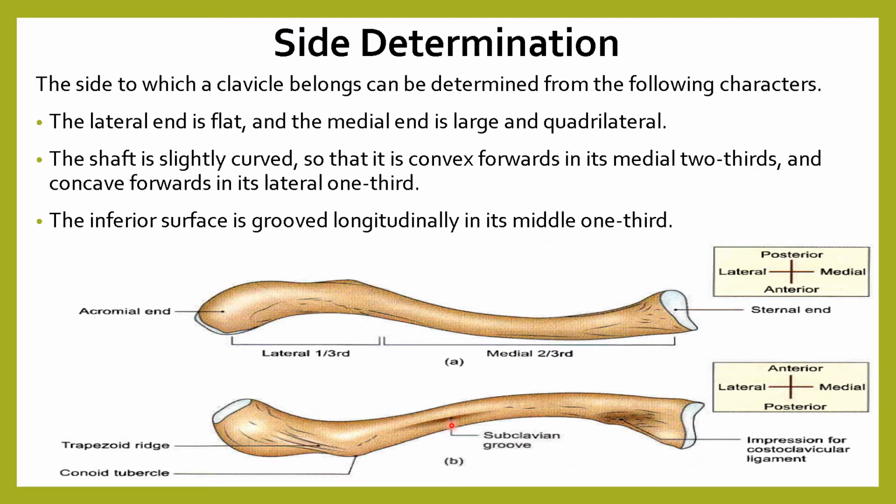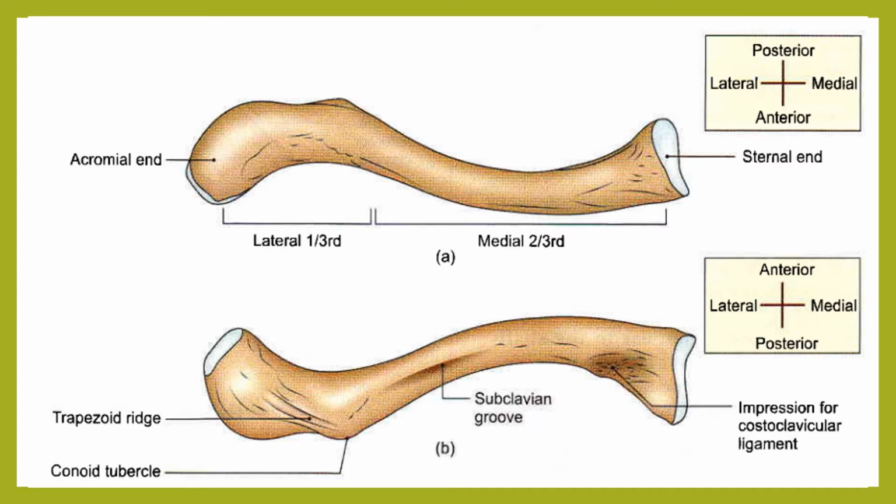So on the basis of these 3 points, we can determine whether this clavicle belongs to the right side or left side. In this diagram, you can clearly see this is a quadrilateral type of shape, this is the medial end, and this is flat, this is the lateral end, right? Medial end is also known as sternal end and lateral end is also known as acromial end, right?